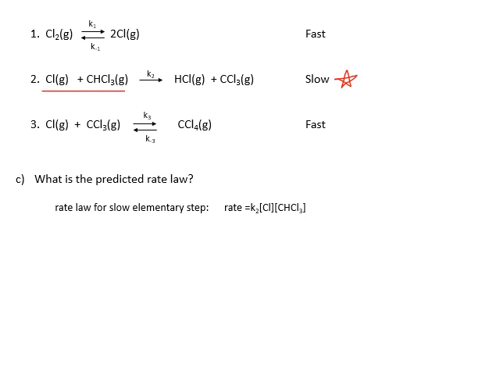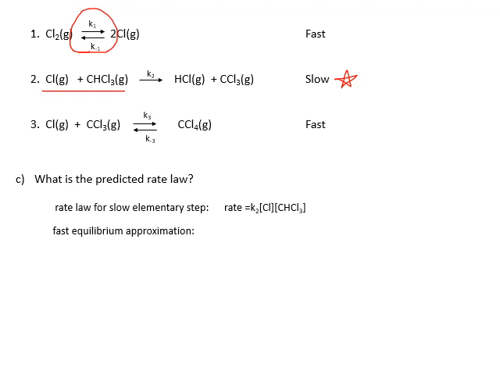However, the species Cl is an intermediate in the overall reaction and not a reactant or product. Since only reactants and products can appear in the rate law, we have to find a way to get rid of the intermediate in this expression. To do this, we'll use the fast equilibrium approximation. This approximation assumes that the first step in the mechanism actually reaches equilibrium, where the rate of the forward reaction is equal to the rate of the reverse reaction.